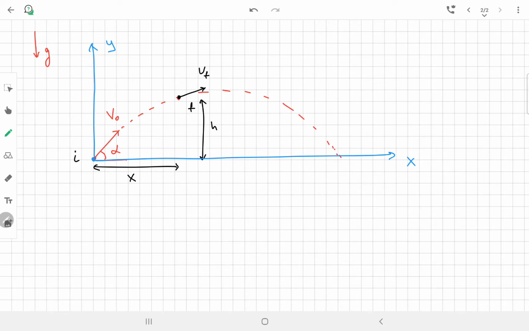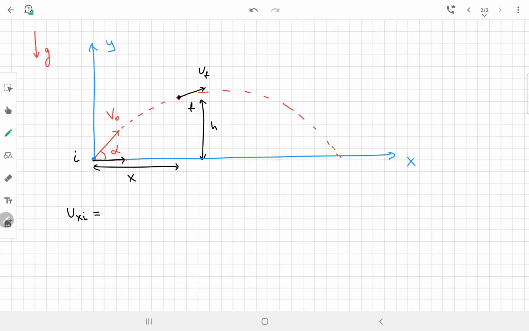And you know that velocity is a vector, and it has 2 components, x and y component. At any time, this object has 2 components for velocity, x and y. Initially, we have initial velocity in x direction, which is the x component of the initial velocity, let's call it vx initial.